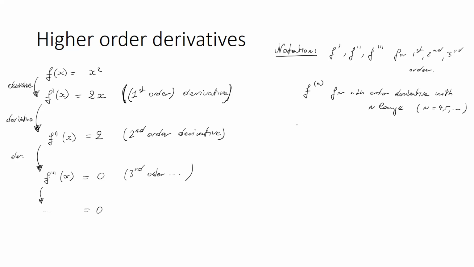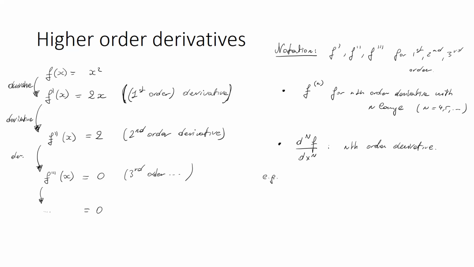The other notation that is used quite a lot is the dy dx kind of notation. So we'll also write d^n f over dx^n. That also denotes the nth order derivative.